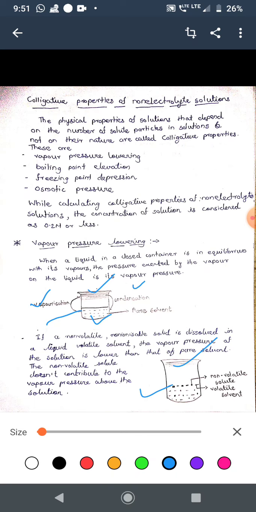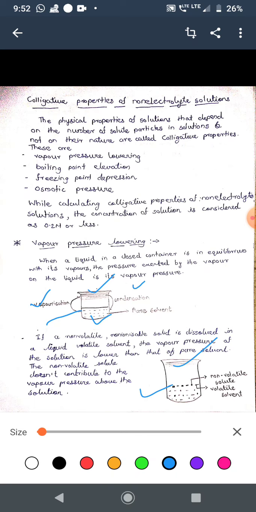In beaker number 1, we had only one type of particle, the solvent particles, and all the particles were getting evaporated. But in case number 2, only the solvent molecules will get evaporated, but the solute particles will not.